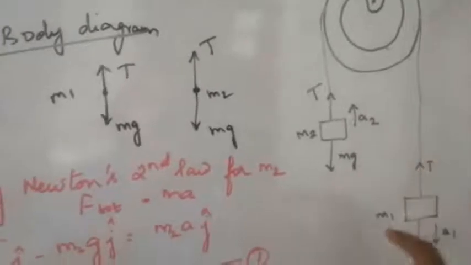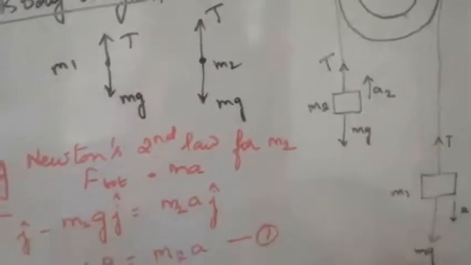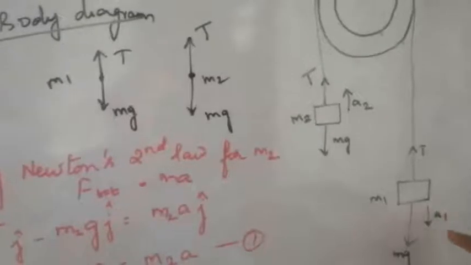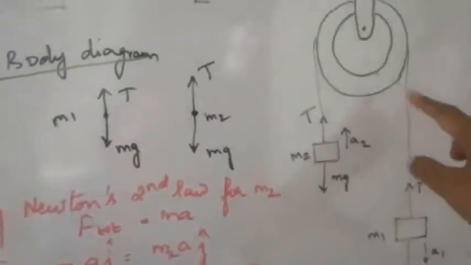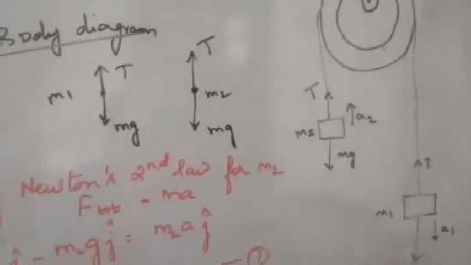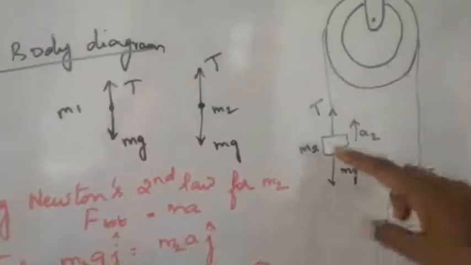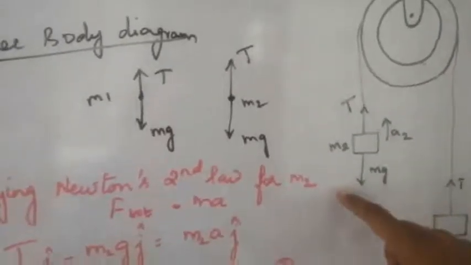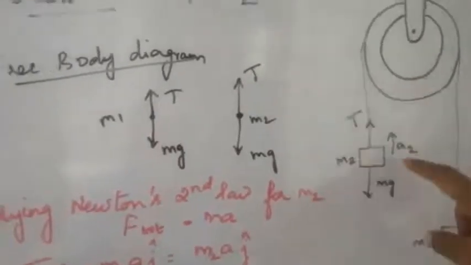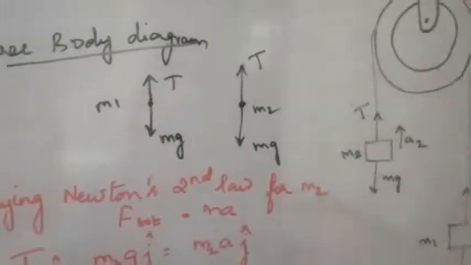The motion of m1 will be along the downward direction and the acceleration will be in the downward direction. Similarly, if mass 1 is moving down, then it pulls mass 2 upwards, obviously, over the pulley. So mass m2 will move in the upward direction. The acceleration a2 will be along the upward direction.